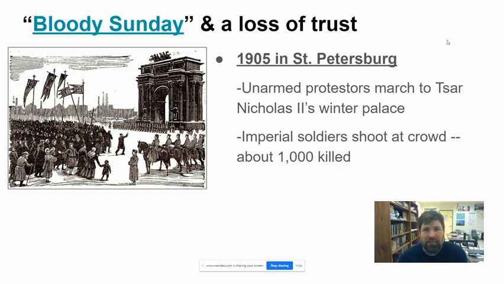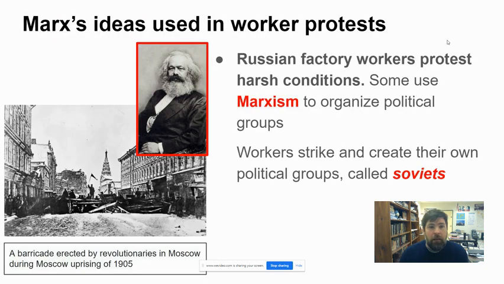The main point I'm trying to get across is that people are unhappy with the Tsar, and he's not responding effectively. Tsar Nicholas II is not responding in a way that inspires any kind of hope from his people.